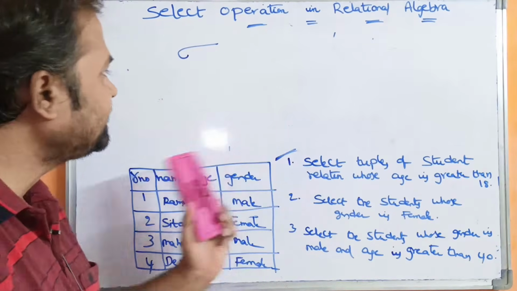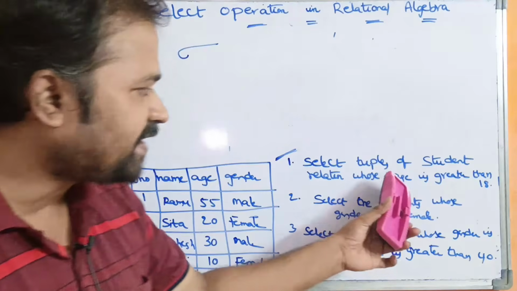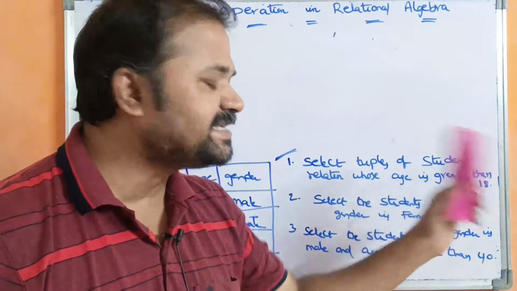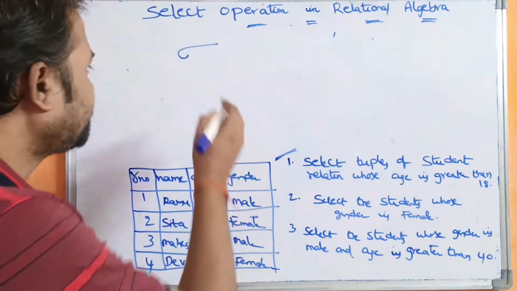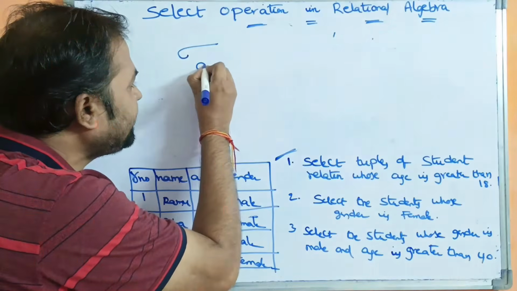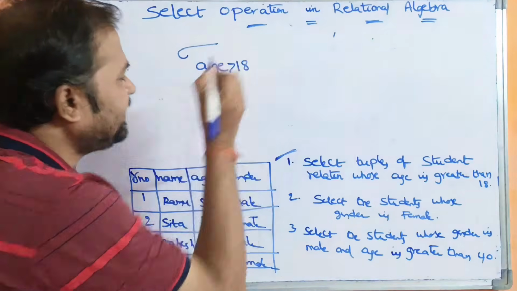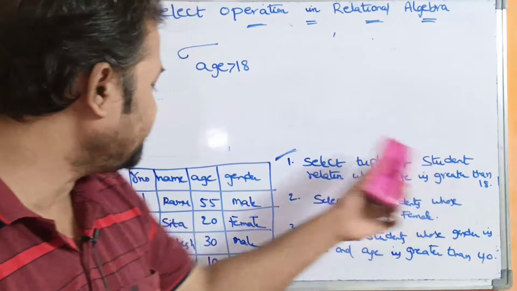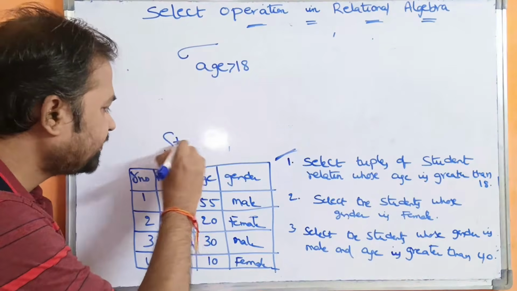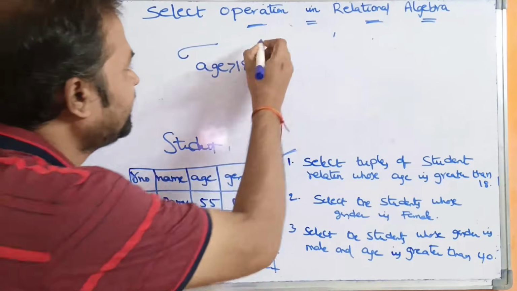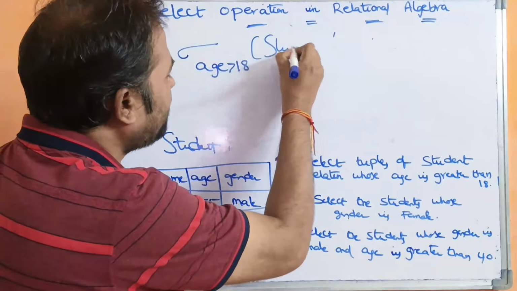Next we have to write the predicate in the subscript. What is the predicate here? Age is greater than 18. Next, what is the relation? The name of the relation is student. Let us write the relation in parenthesis.